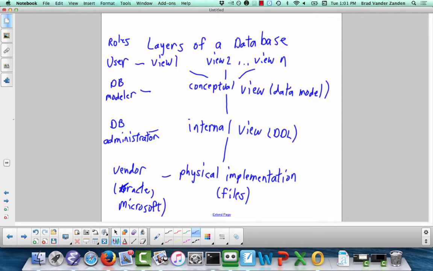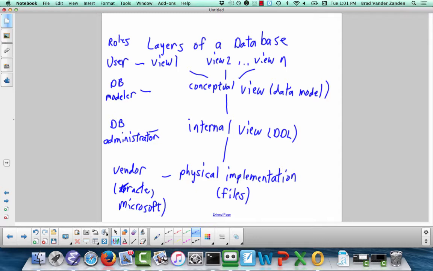Okay. So we won't get down to the physical implementation. That's actually the interesting place where all the research goes on, but is beyond the scope of this course. If you were doing a PhD in databases, generally that's where you would be doing your dissertation. It would be down there with the physical implementation.